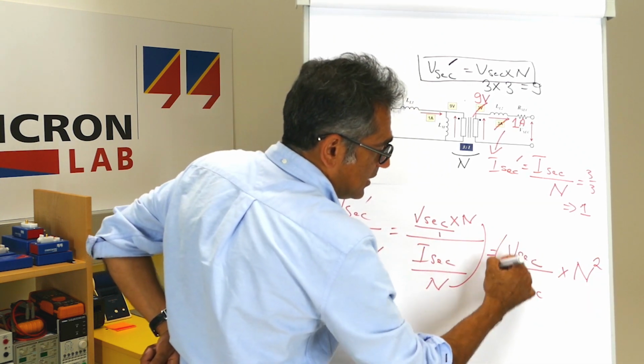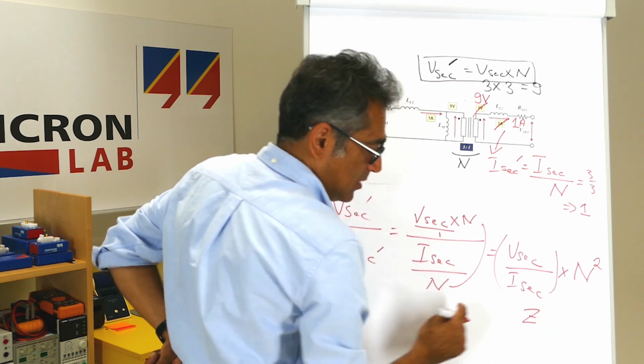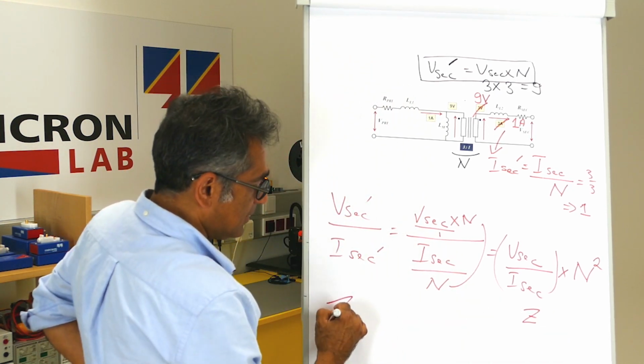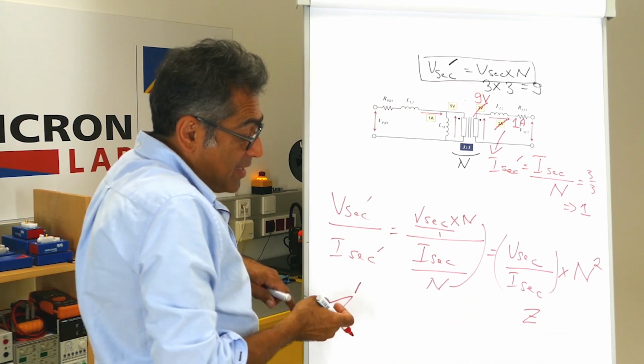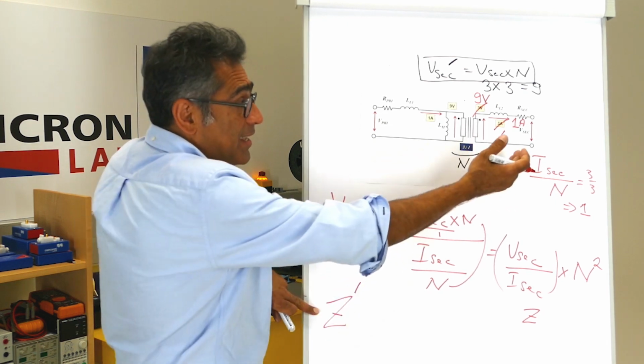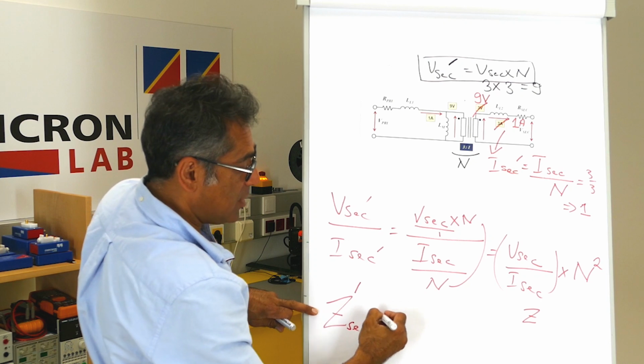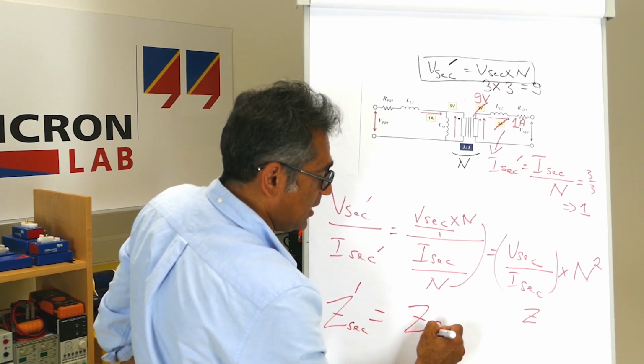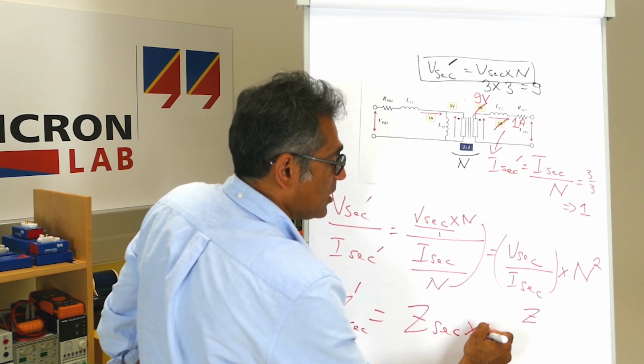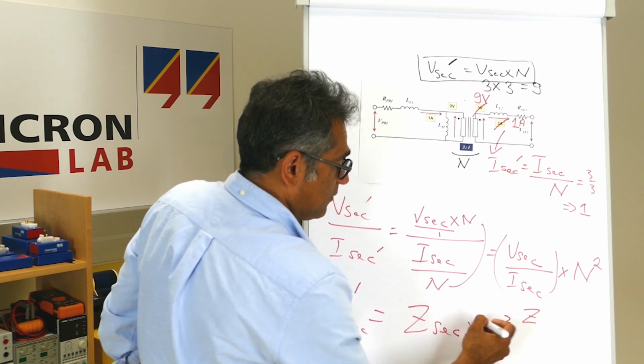And if I call this the impedance Z, we have Z prime. Impedance of the secondary referred to primary is equal to the real impedance times the square of the turns ratio.